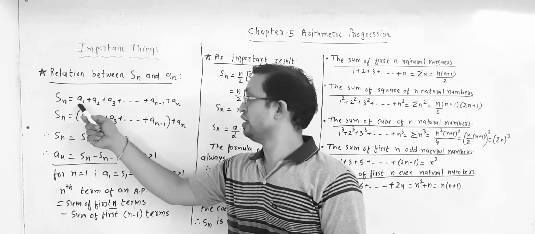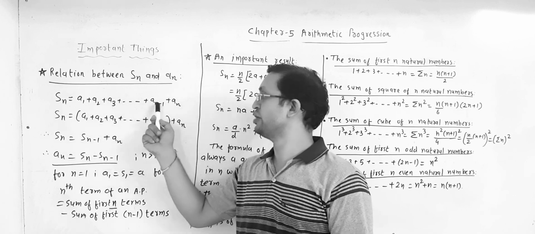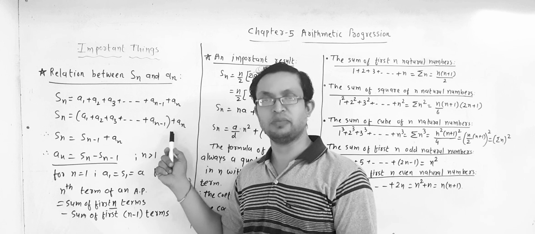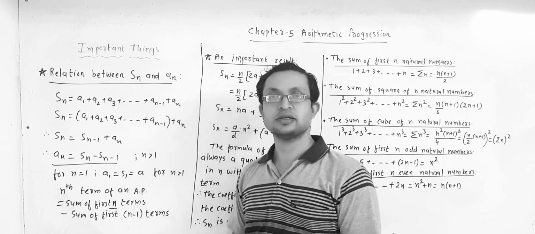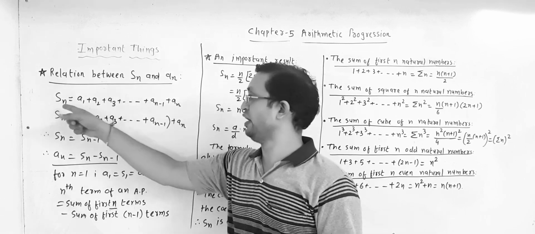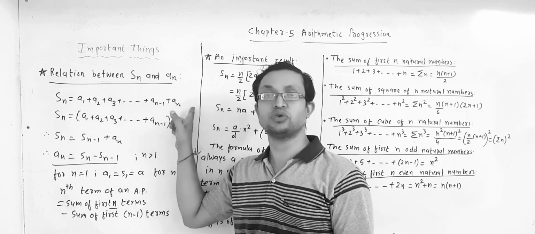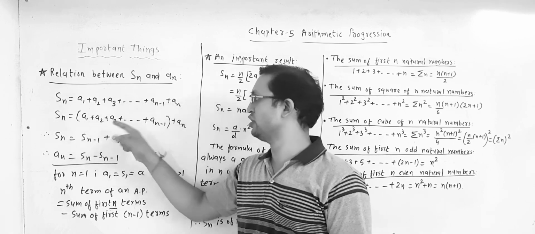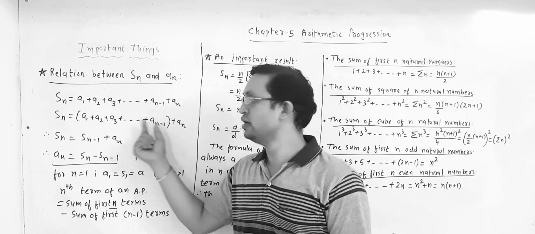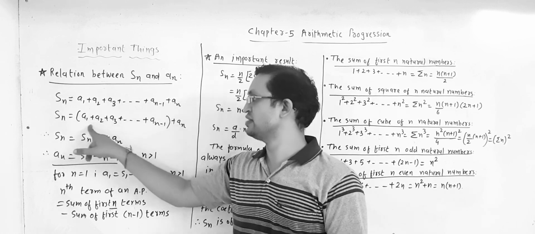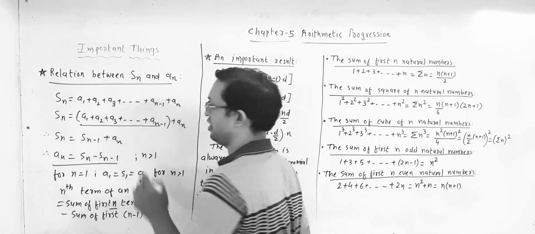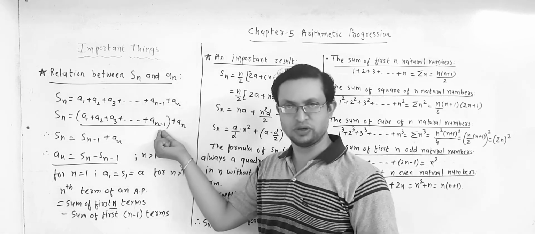The sum of A1, A2, A3 up to the (n minus 1)th term is Sn minus 1, because the last term is n minus 1.